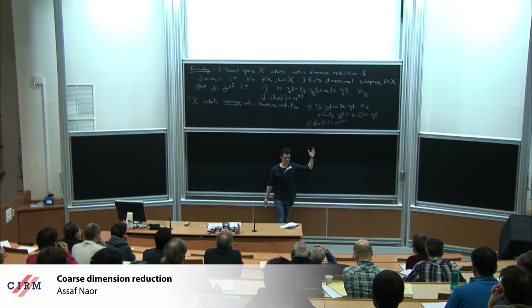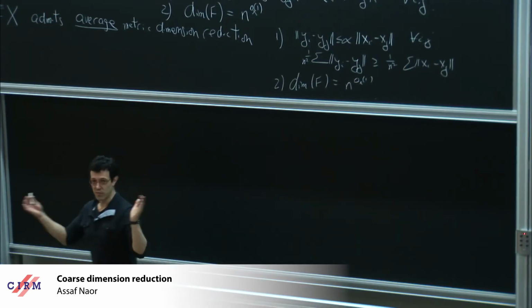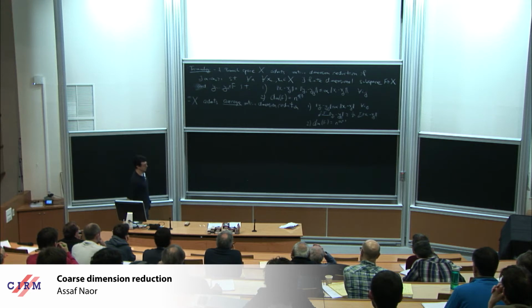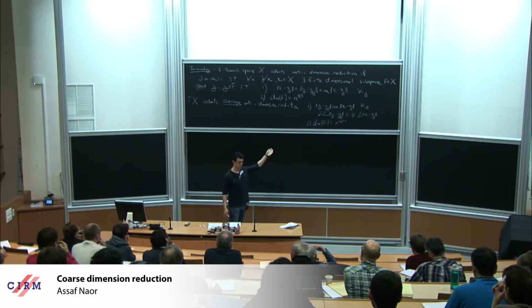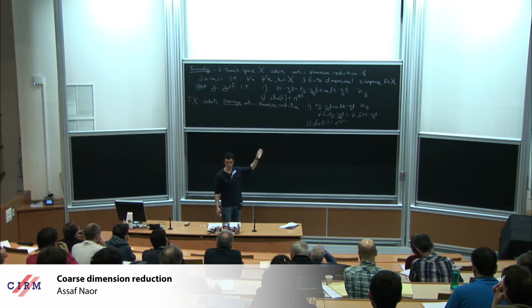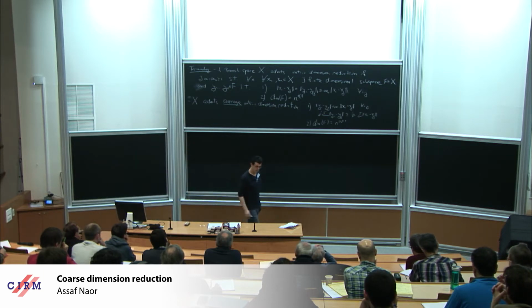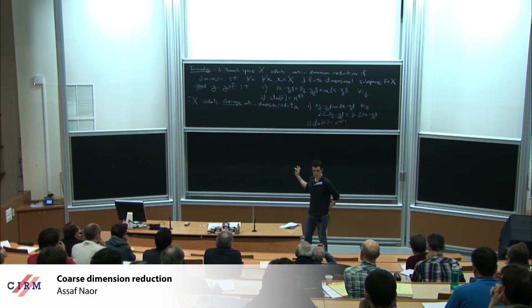And in all of those cases, log n is somehow an easy theorem, which follows from Bourgain's embedding theorem, etc. So there is a technical reason why n to the little o of 1 is interesting, but this really just seems to be the benchmark. Nevertheless, in all the unknown examples, and there are many of them, if you get a little o of 1, that would be great. Okay, so don't focus too much on the asymptotics, but just on the big picture that we want to lower the dimension. Okay, so is the terminology clear?